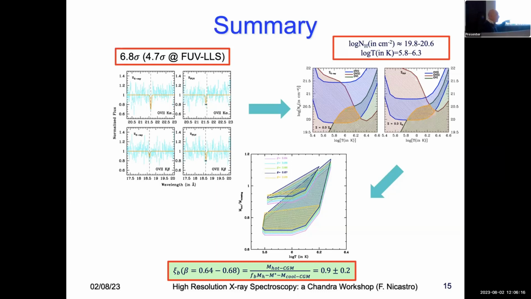Indeed, there was a fourth source which actually had signal to noise per resolution element higher than our threshold, and in which we didn't see any hint for the line. Actually, there was a kind of a bump in emission at the position in which you expected it.